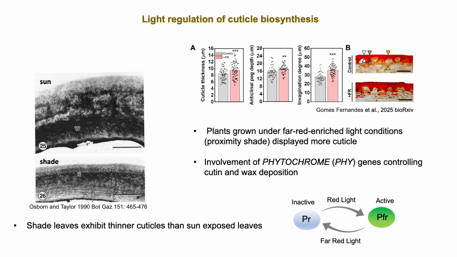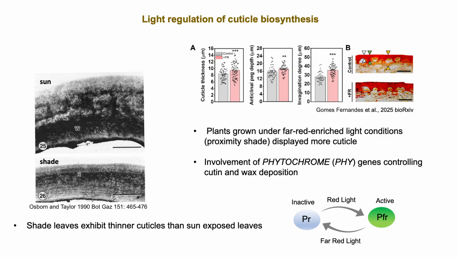But what is the difference? Well, these authors increase the amount of far red light without altering the amount of photosynthetically active radiation, which means the plant is receiving all the visible light plus an extra of far red light, which is absolutely uncommon to occur under normal conditions.